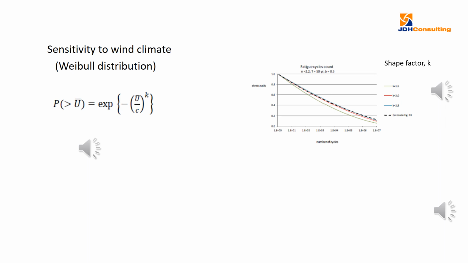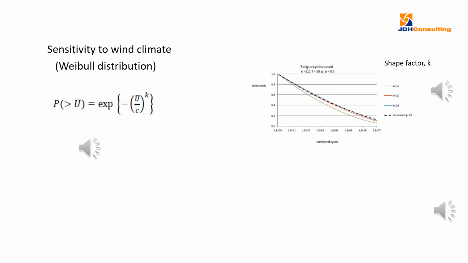Now, this graph shows the calculated stress ratio versus number of cycles graph for 3 different values of the shape factor K. A bit hard to read there on the slide probably, but K of 1.5 is the green line, K of 2 is the red line, and the blue line is shape factor of 2.5.